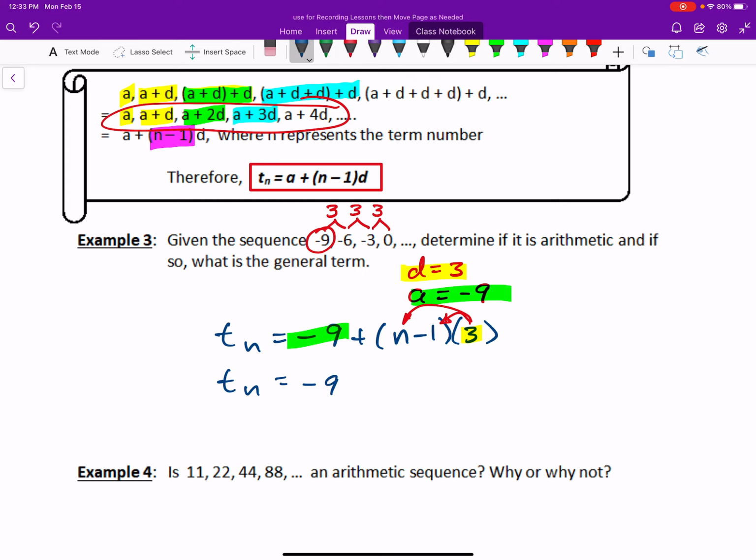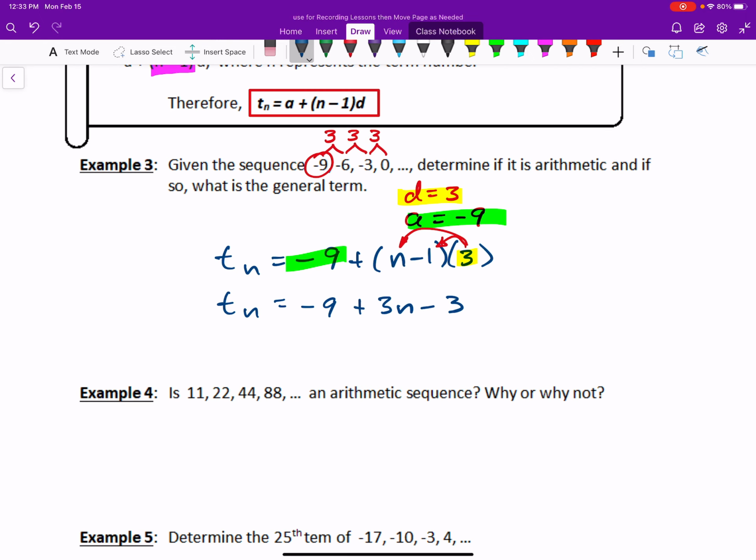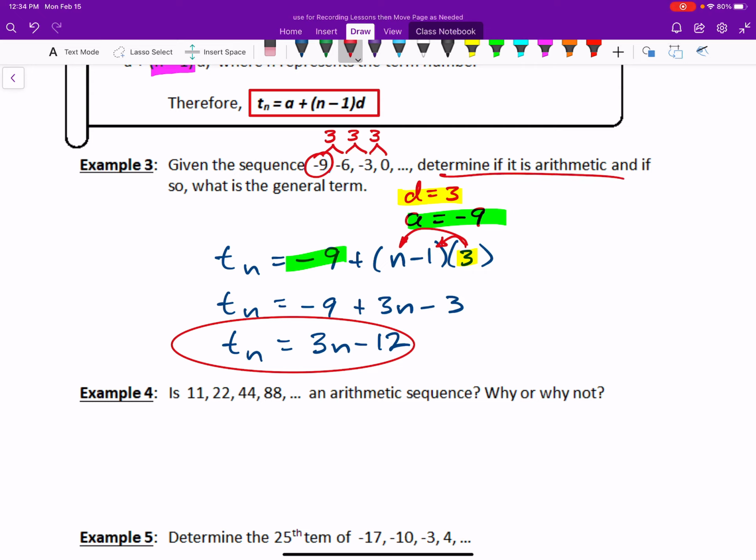I could have -9 plus 3n minus 3 when I expand that 3 into the brackets. And if I collect my like terms and then put the n's first, I'd have 3n minus 12 when I combine -9 and -3 together. So this would be my simplified version of the formula. And by the way, I didn't actually write it down, but it said determine if it's arithmetic. Yeah, it's arithmetic, right? Because it has a common difference.